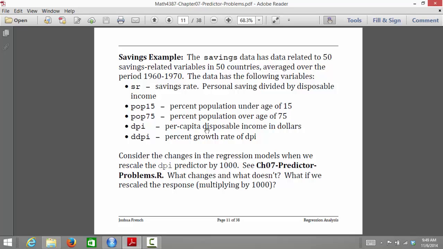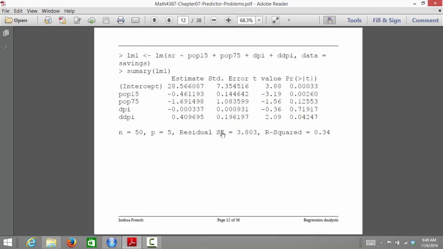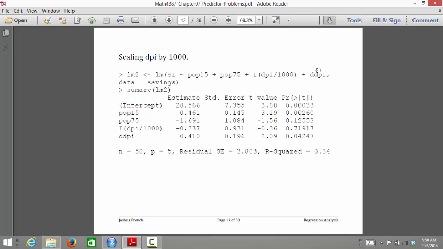What we're going to do is scale the DPI predictor by 1,000 and see how it affects the different parts of our analysis. Here's our original model. There's no scaling going on so far. We see estimates of 28.5, negative 0.5, 1.7, negative 1.7, something pretty close to 0 on this scale, and 0.409. Now we're going to take the DPI variable and scale it by 1,000, and I use the I function to do that in my lm statement.